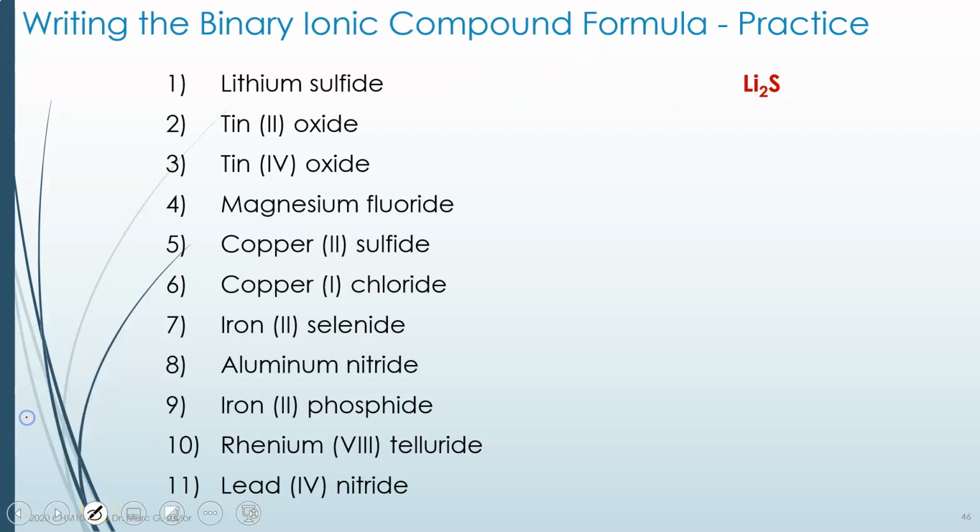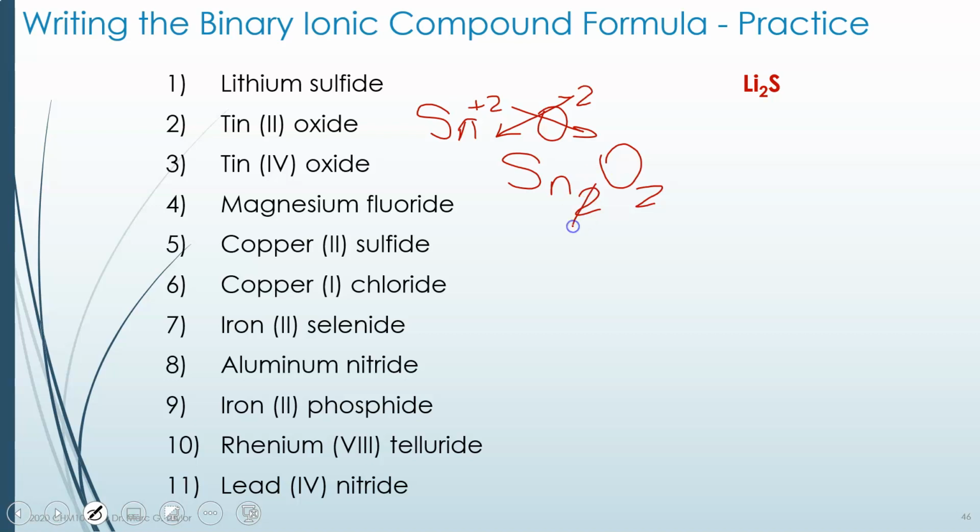If we look at the next one, a similar one to one I showed you, tin 2 oxide. So this is tin plus 2, Sn plus 2, and oxide is minus 2. Crisscross, we get tin with 2 of those and 2 oxygens. But we can simplify this to 1 of each, and therefore our formula will just be SnO, or snow.